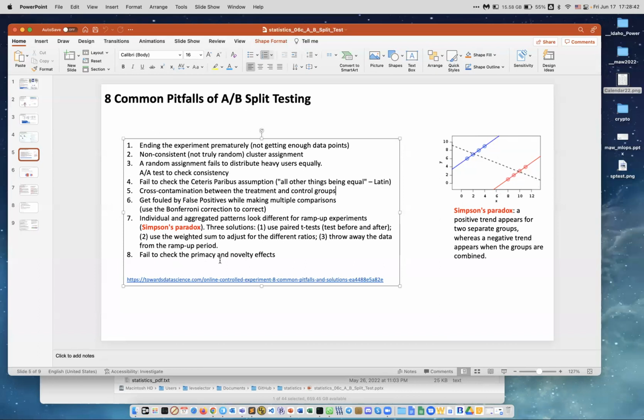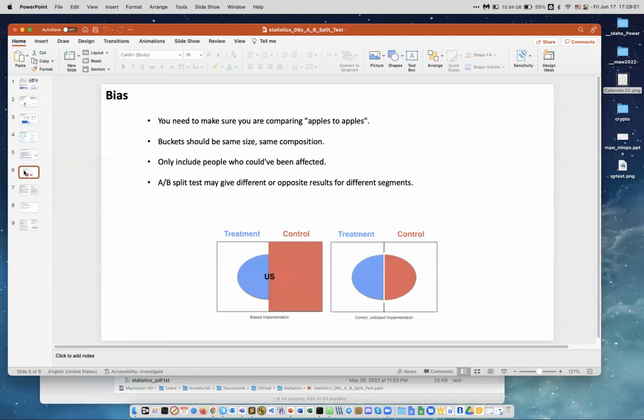Fail to check the primacy and novelty effects. That means, for example, you're testing a group, but one group are old users and another group are mostly new users who have never seen this page. Okay, bias. You need to make sure you are comparing apples to apples. Buckets should be the same size, same composition, and only include people who could have been affected.